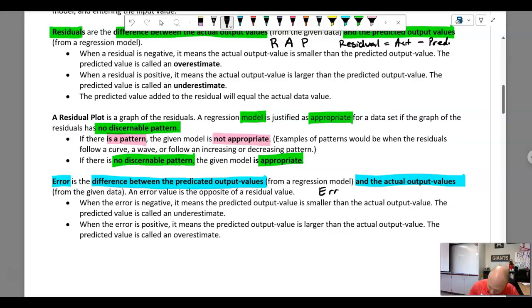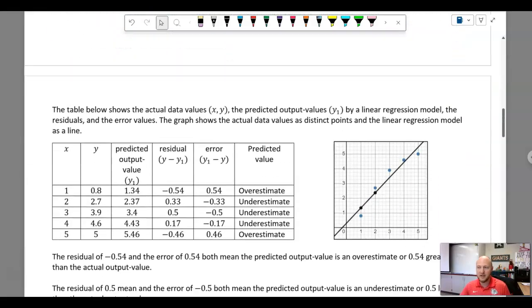Error is predicted minus your actual, EPA, the Environmental Protection Agency, the EPA. So an error value is just the opposite of a residual. If error is negative, that means you had an underestimate. If error is positive, you had an overestimate. Again, I just know that error is the opposite of residual. I just store RAP, not the EPA.